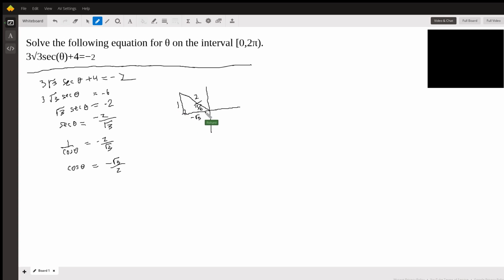This, by the way, would be a 1. This is a 30, 60, 90 triangle. So even if you didn't learn anything about the unit circle, by now you should have memorized the special right triangles. So I'm going to put the 30, 60, 90 here just so that you have it.